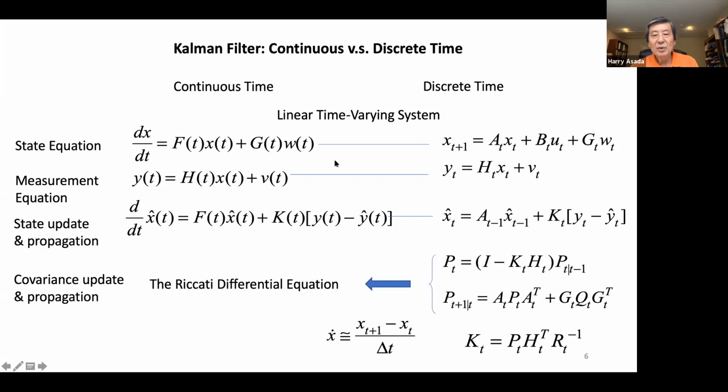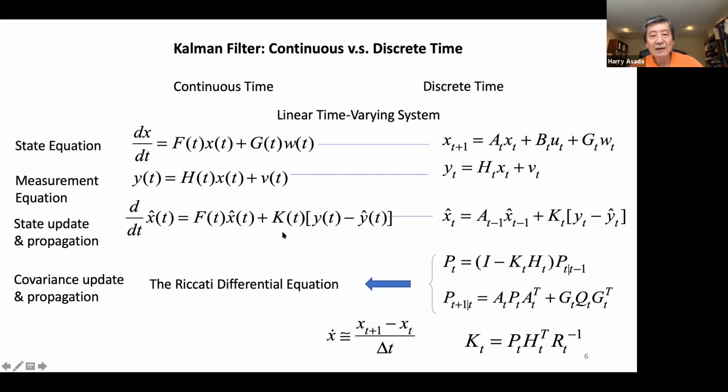What we'd like to do is find the continuous time version of the Kalman filter by extending this discrete time one. And it is conceivable that this state update law is now extended to this. Instead of the subscript t, we have the time derivative, which is basically copying this part and putting it here.